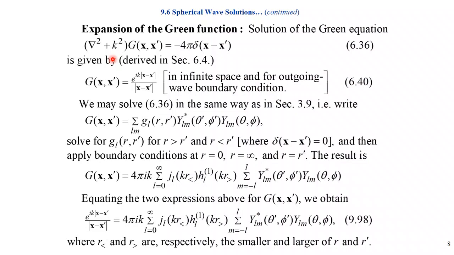The solution of the Green equation, this one, is given by this one. We already derived it in section 6.4. That's for infinite space and for outgoing wave boundary conditions. That wave just propagates outward, no incoming wave. What happens if we have an incoming wave?